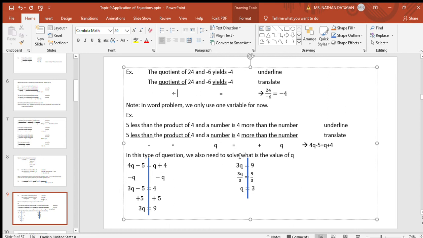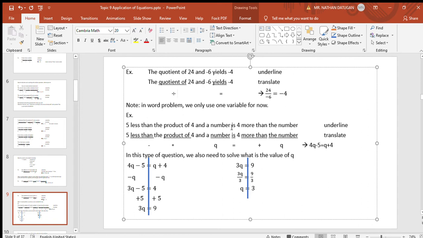And you might be tempted to put two different types of variables. But no, do not. When we're dealing with equations, unless specified to, always make it the same variable. Makes life easier for us. It makes calculation much easier, and you guys don't have to find two variables.